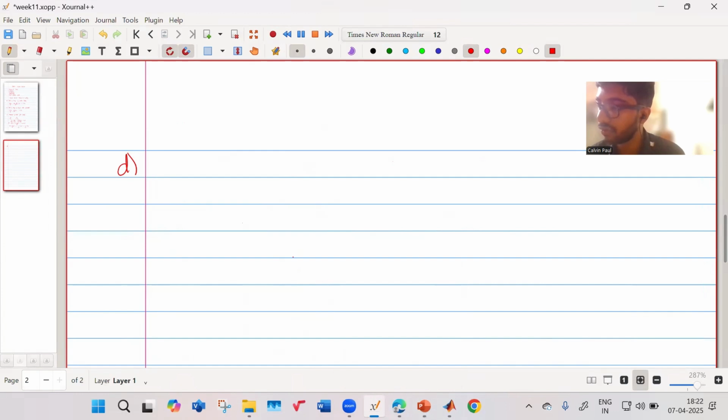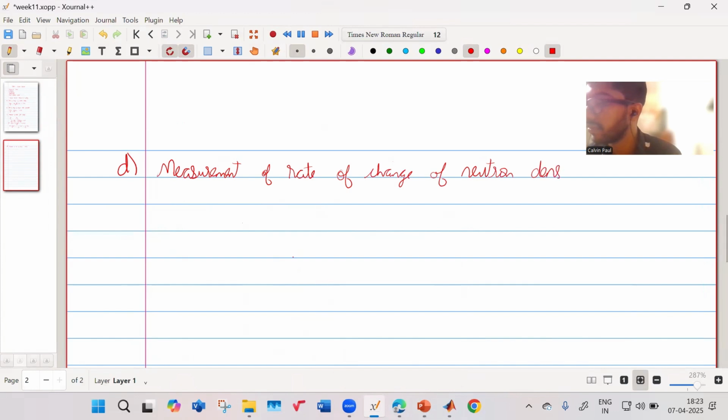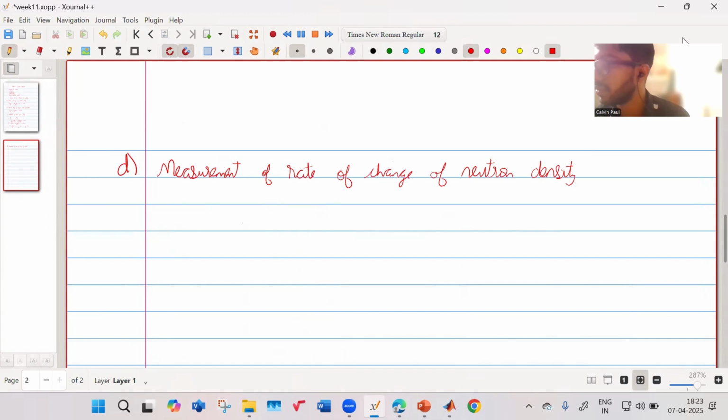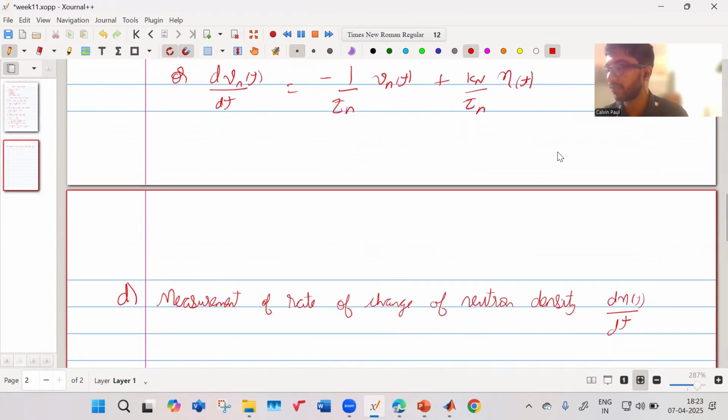We want to measure the rate of change of neutron density, which is dn upon dt. So till now what I have is Vn of t.